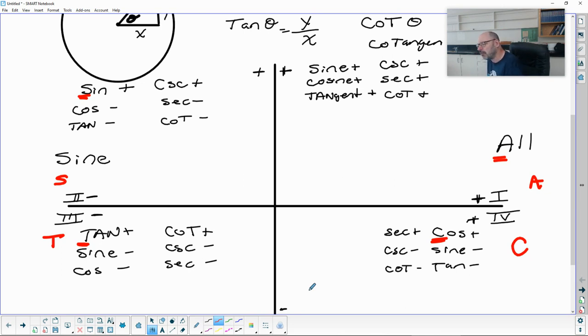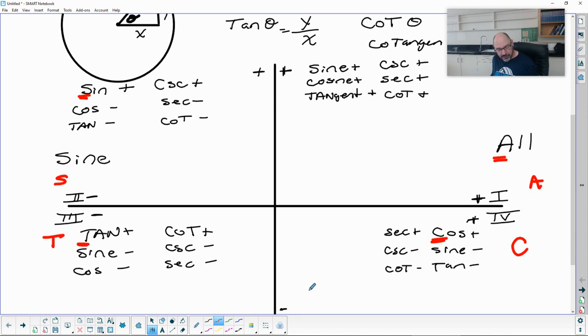And that's important when we're using the unit circle. Later on when we're doing reference angles, it doesn't really matter too much with the unit circle because we have the signs on them already, right? Because they're already on here.